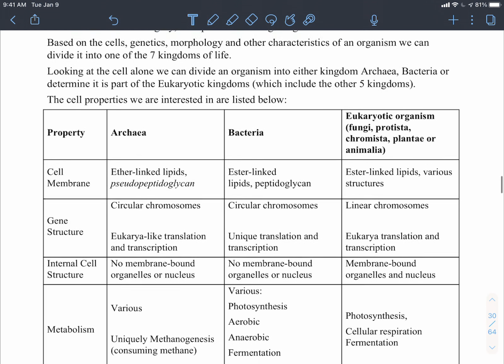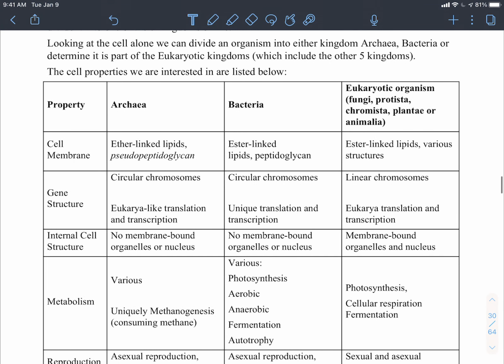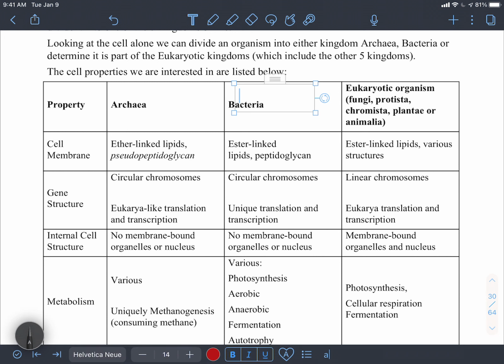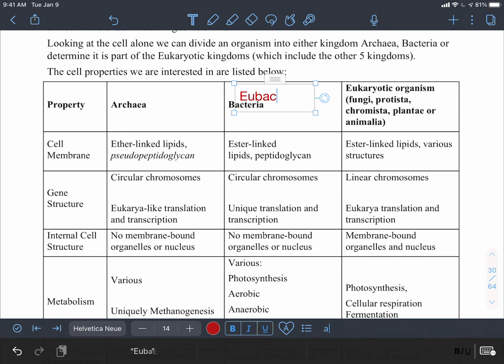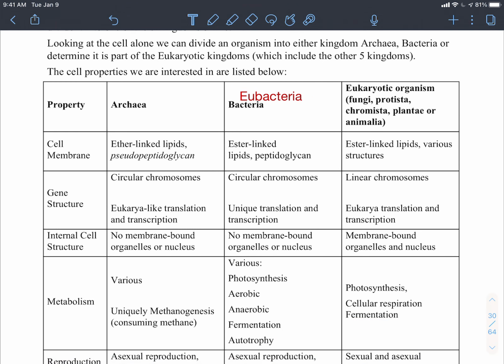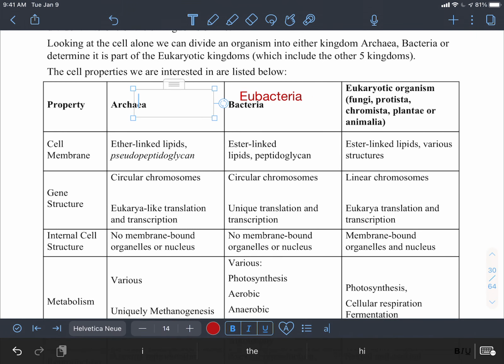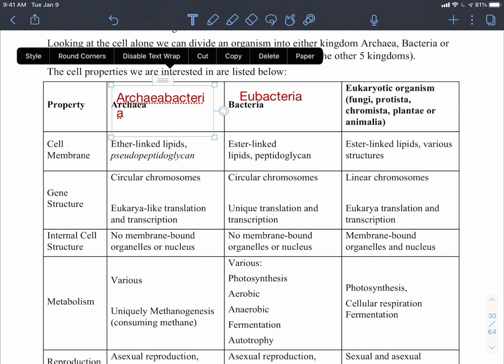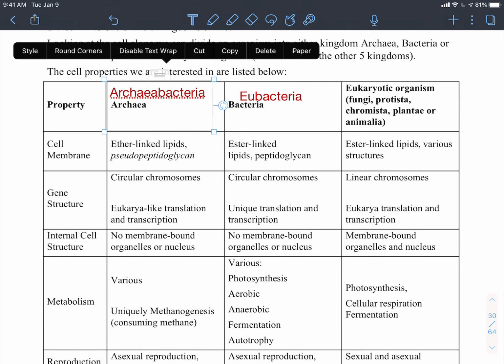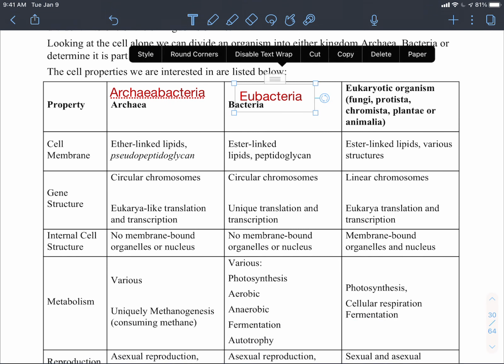So there are other names that we've seen mentioned. I think we brought them up in class even at one point. Sometimes this is known as eubacteria. I think if you look at the tree of life, and then this is sometimes called archaea bacteria. That's another possible kingdom. So those are other names for it.